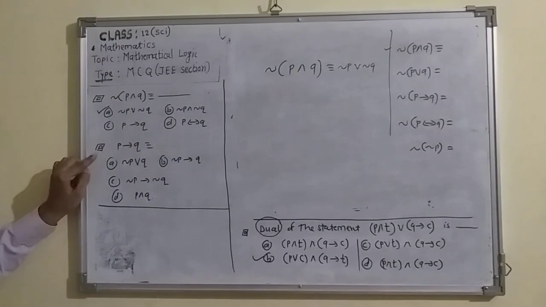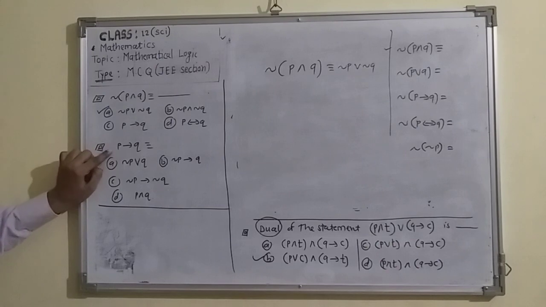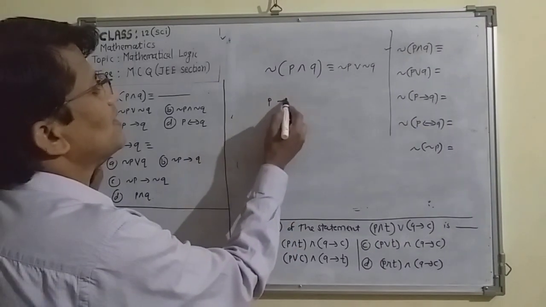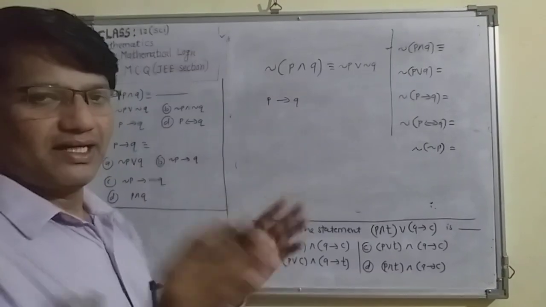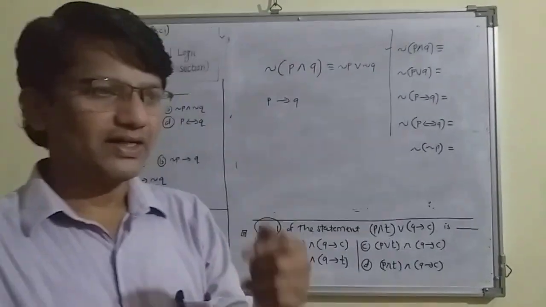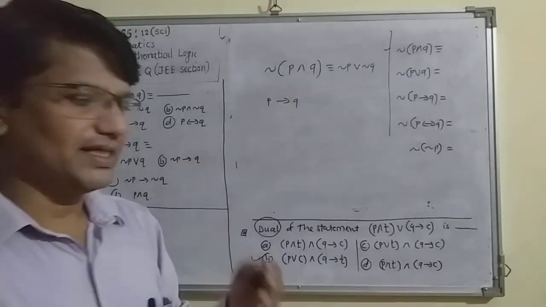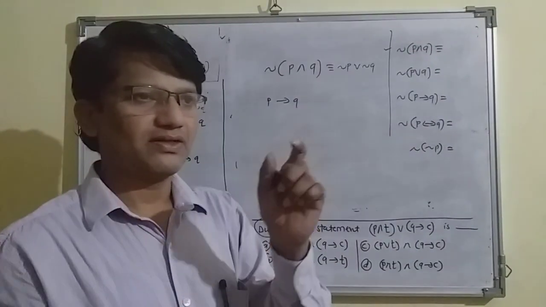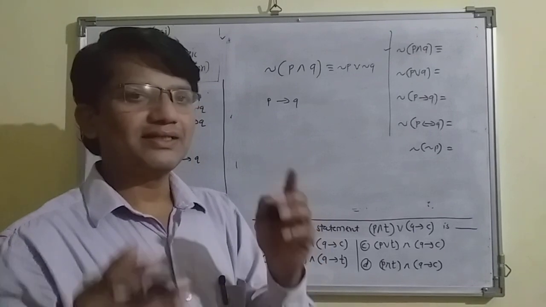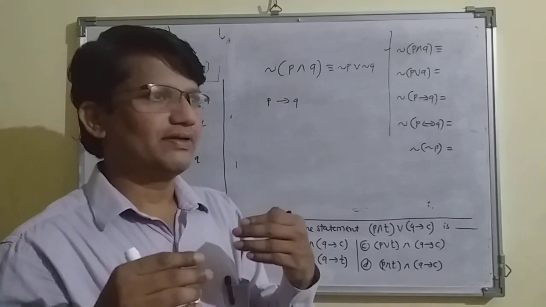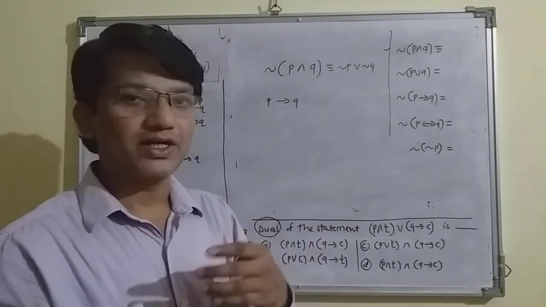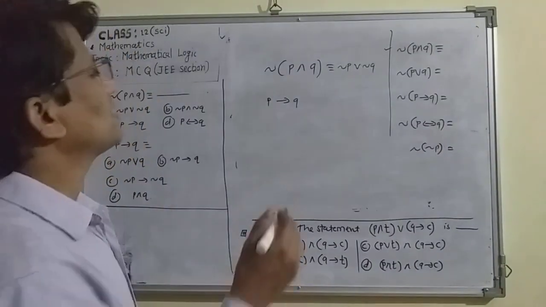Okay, now this one, P implies Q. This is an implication, or we can say this is a conditional statement. We have seen in the algebra of statements, there was one video in which I gave some basic important properties, statements which are equivalent.